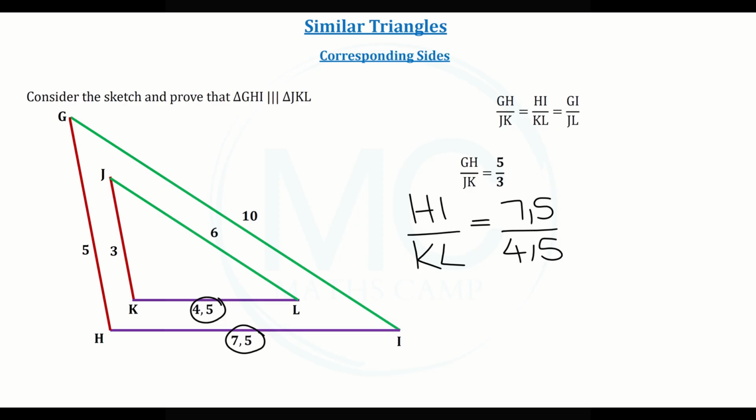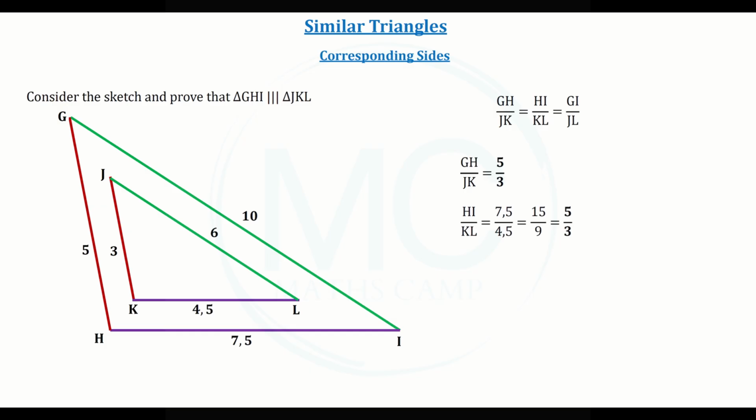So let's multiply our numerator and our denominator by 2. 7.5 multiplied by 2 gives us 15 over 4.5 multiplied by 2, which is 9. 15 and 9 are now both divisible by 3. 15 divided by 3 gives us 5 over 9 divided by 3, which is 3. This fraction is now in simplest form, and it is the same as the fraction we've just found.